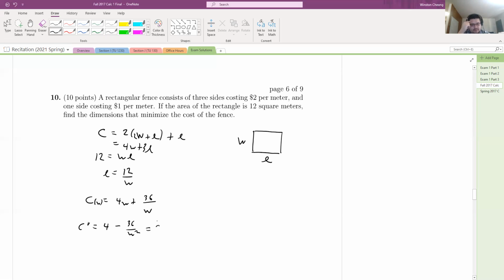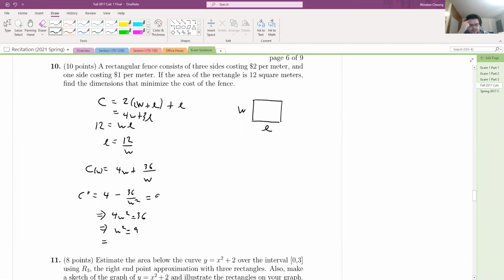So that's the derivative. We would normally set this equal to 0 and solve, which is going to give us 4W squared is equal to 36, which gives us W squared is equal to 9. So then W is equal to 3 plus or minus, but then we obviously would choose the positive solution.